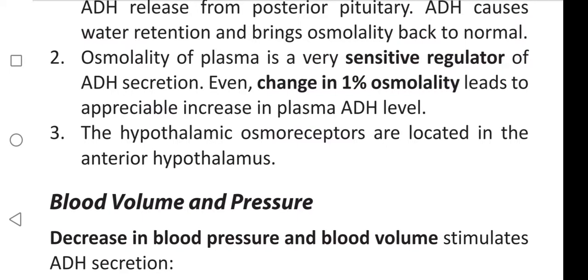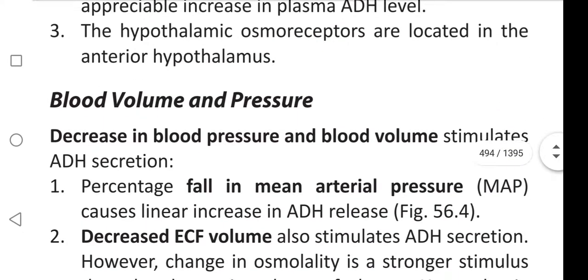And hypothalamic osmoreceptors are located in the anterior hypothalamus. Where are the hypothalamic osmoreceptors located? In the anterior hypothalamus.